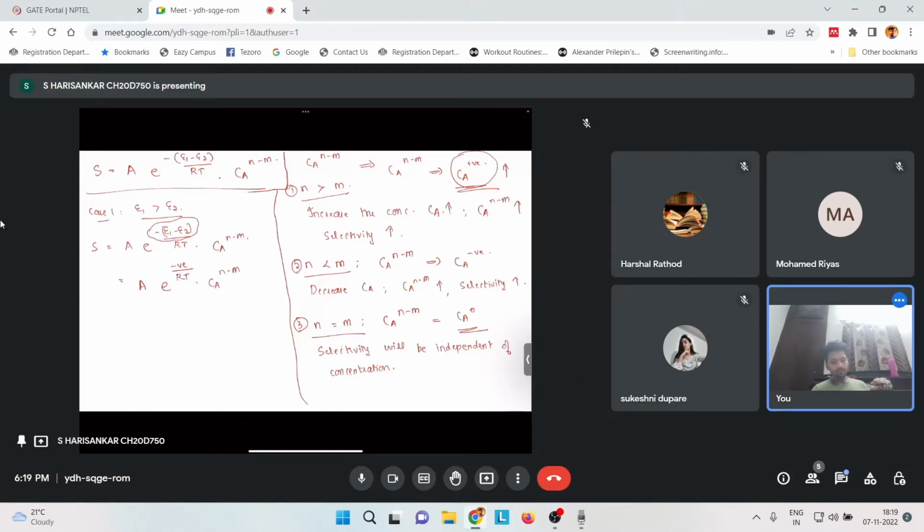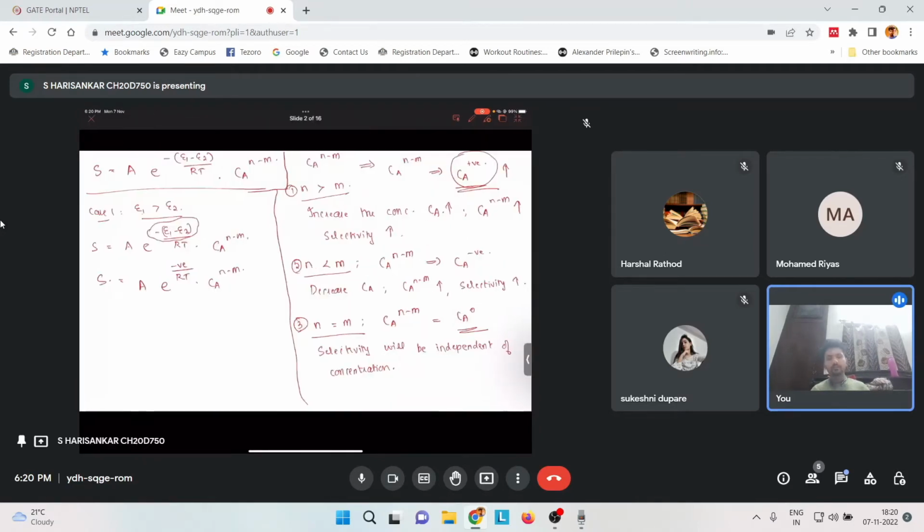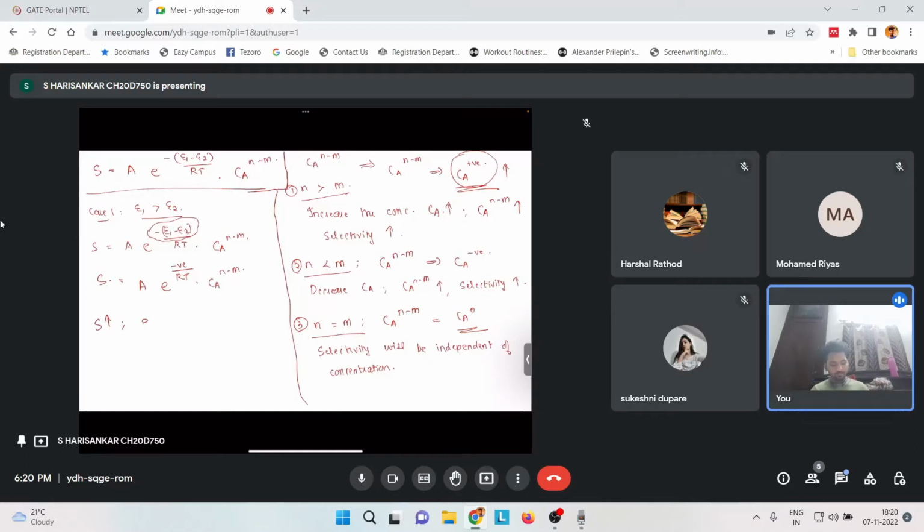So if we want this selectivity to increase, this e raised to negative term by RT should also increase, because we are not considering everything else.